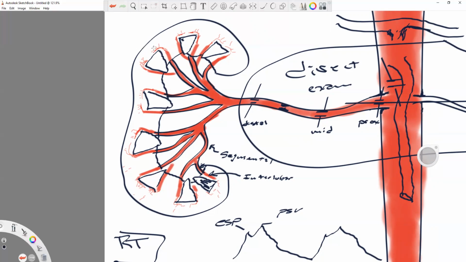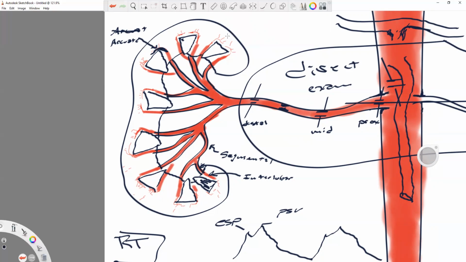Crossing over the top are the arcuate arteries. These are the ones that cross over like this. They arc over, I should say, because they're arcuate arteries.